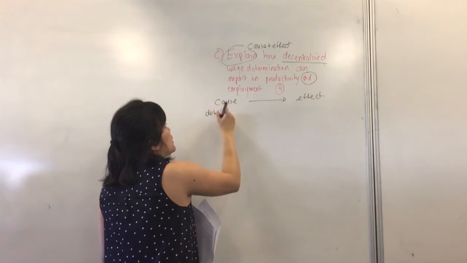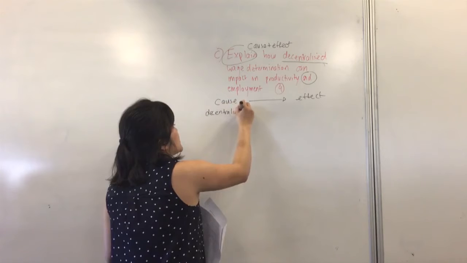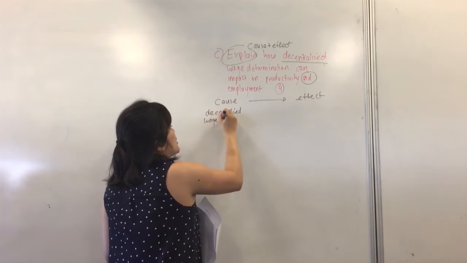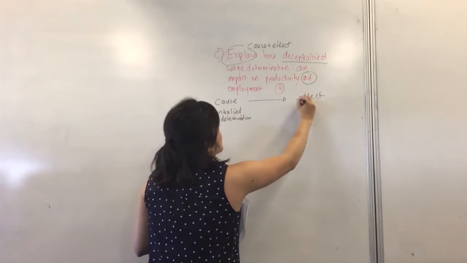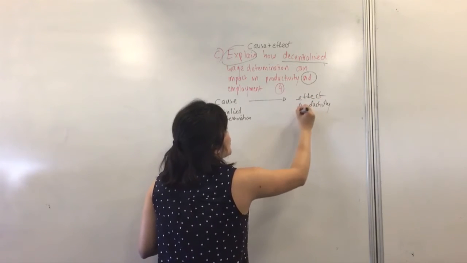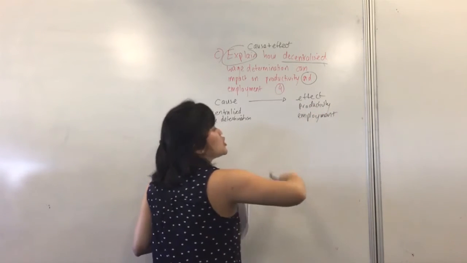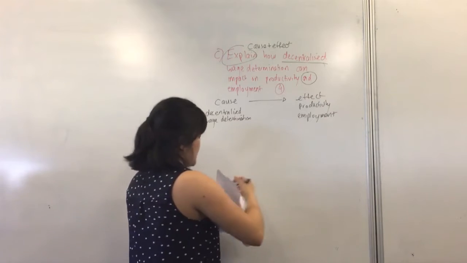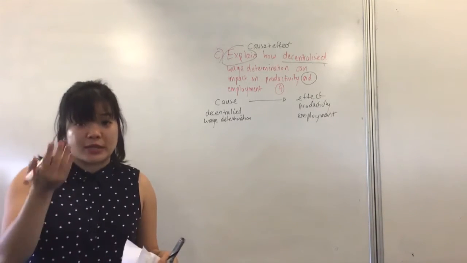All right, what's happening? The cause, as Australians, we're moving towards a decentralized wage determination, and the effect of that is productivity within the businesses or across businesses, and then overall, how does that affect, I guess, Australia's employment rates, okay? So what you're essentially doing is showing your working out because you're explaining.